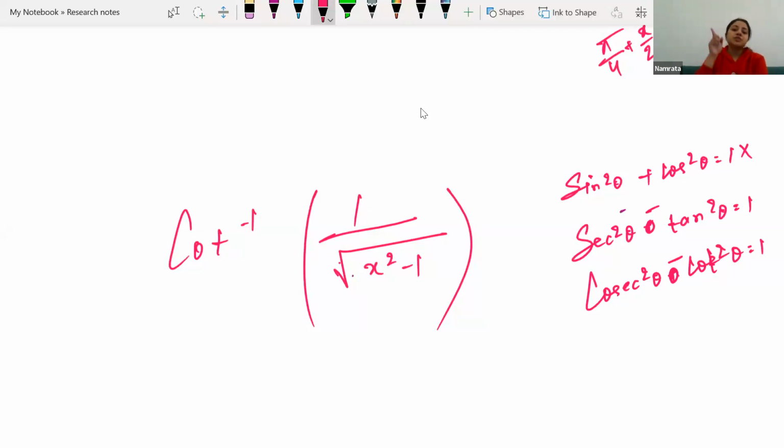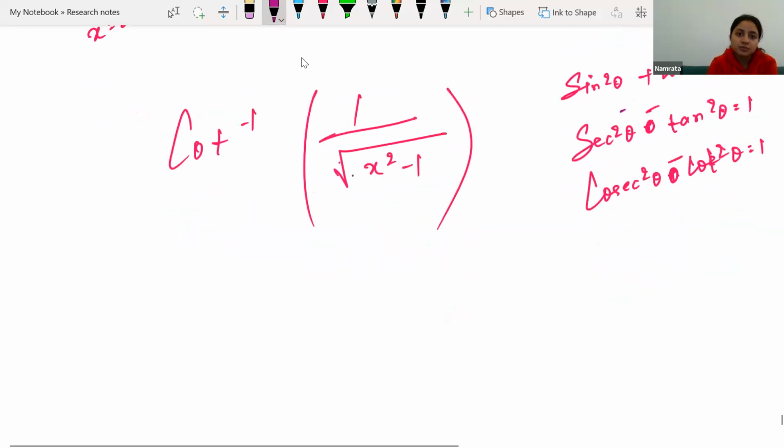So now we have to check the second one and third one. If we take the second one, x as sec theta, let's see whether it is working or not. We have only these three identities in hand, and yes, we have to apply the trial and error method.